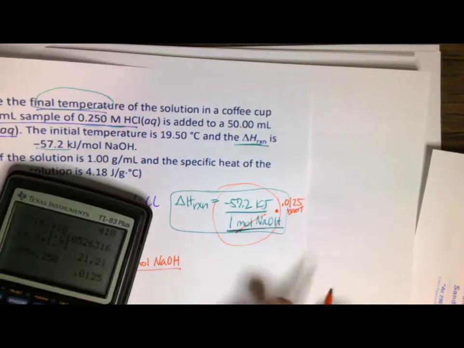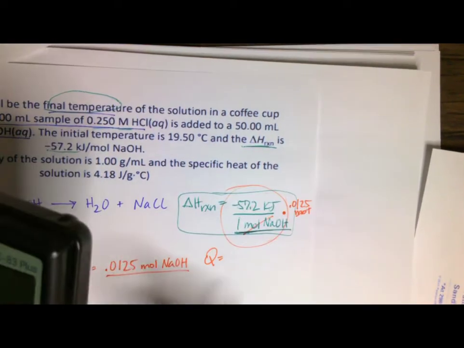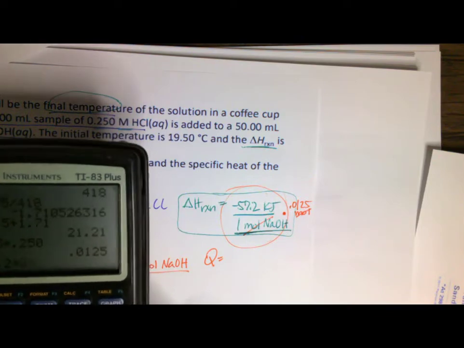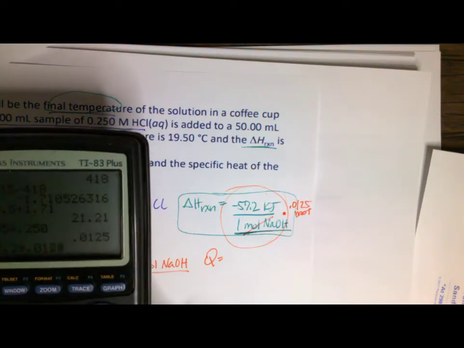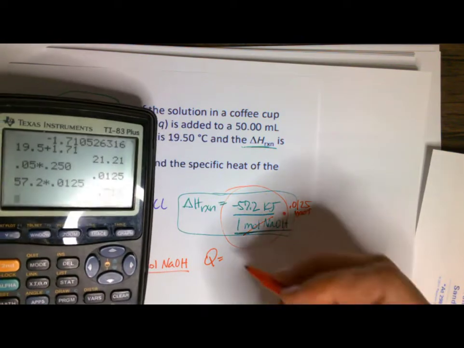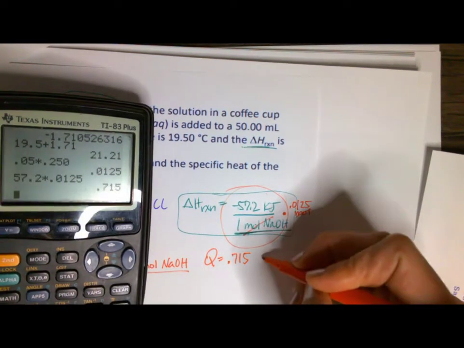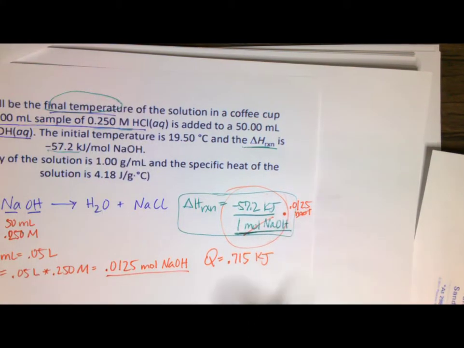And that will give us 57.2 times 0.0125, 0.715 kilojoules.